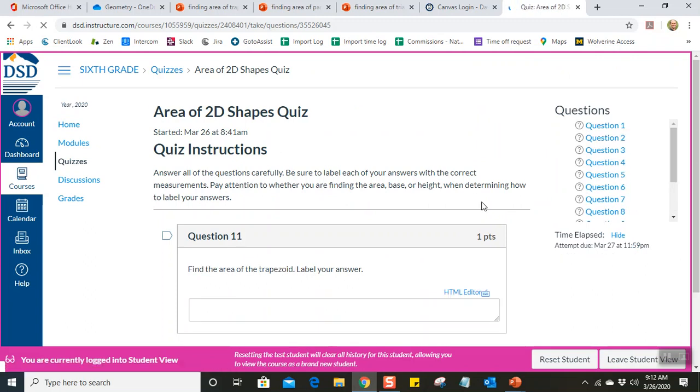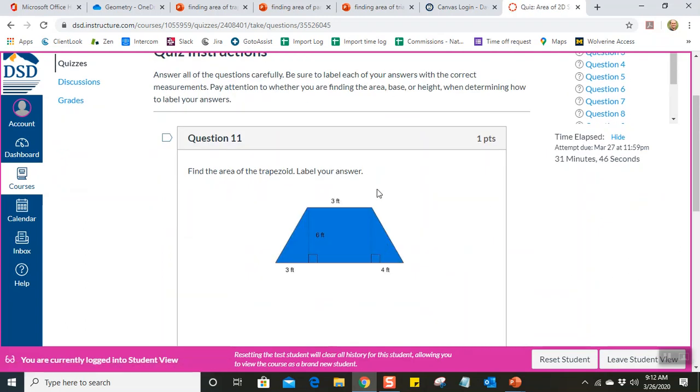Question 11, area of the trapezoid. So this is a tricky one because we have a piece missing. So we have to do a little figuring, but look at this. This side is labeled 3. That means this side would also be 3. Now here's the thing I would have told you over and over again if we were in class. In geometry, you need to just go by how the numbers are on a shape. Because look at this. This 3 and this 3 are not the same size.